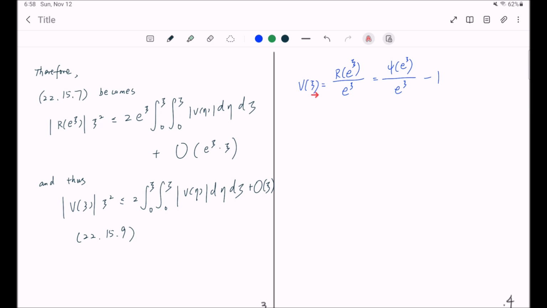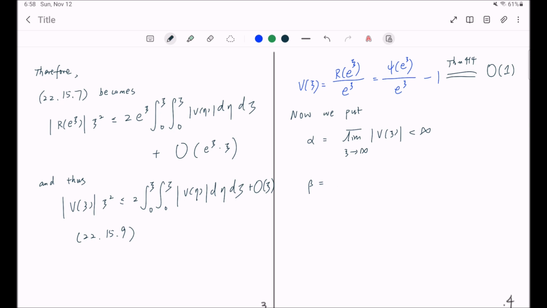Now, from the definition of v, together with theorem 14, this thing is actually bounded, namely big O of 1. Now we put alpha to be the lim sup of the absolute value of v of psi as psi goes to infinity. Then this number is a finite number.